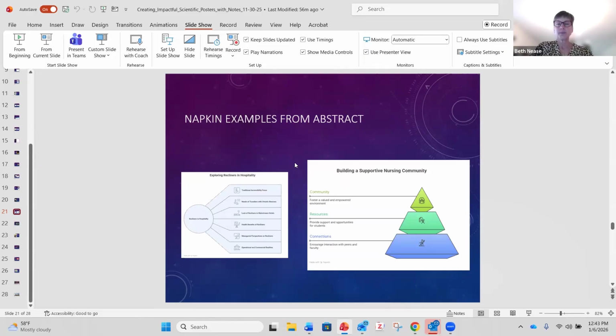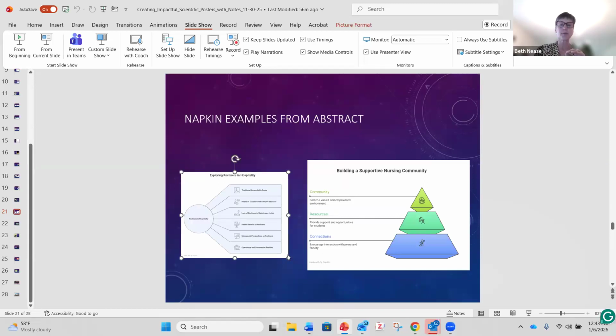So here's an example, building a supportive nursing community. And this talks about some elements of connection, resources, and community. Basically, I took an abstract and I plugged it in there, and this is what was created. You can then chat with Napkin and say, I don't like this, and change the information you're putting in to change the image.